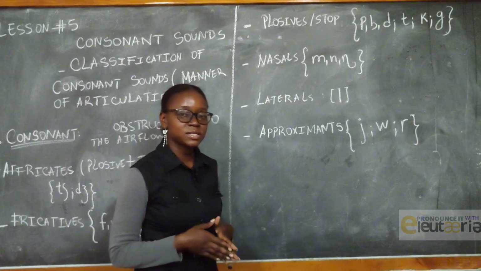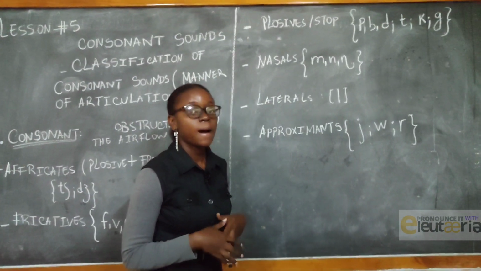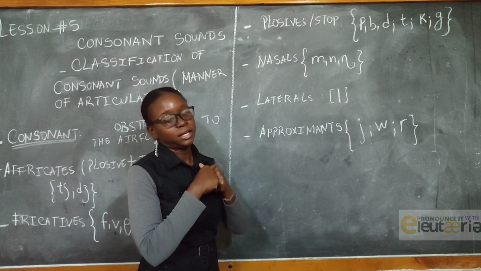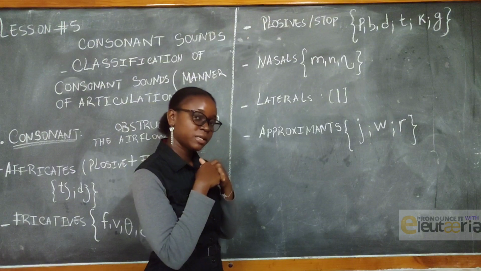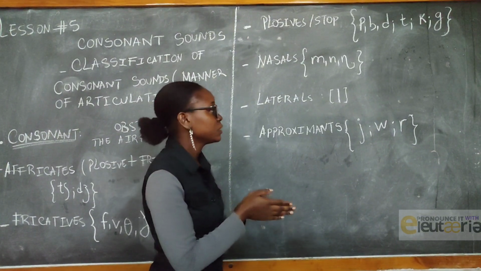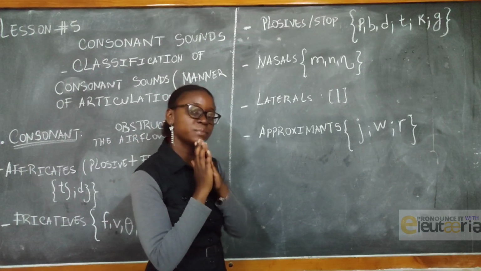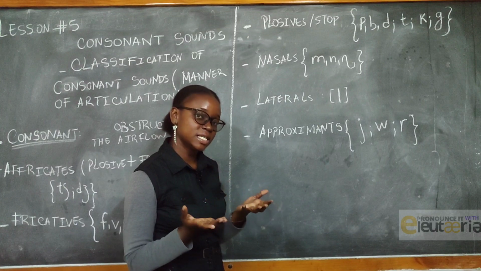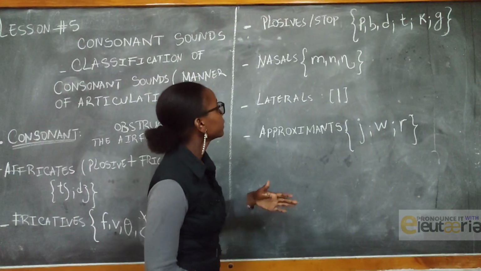Let's try pronouncing potato. Potato. You see, first we block the air in our mouth, we close it, but then we open and release the airflow abruptly to produce consonants as pa and ta in the case of potato.